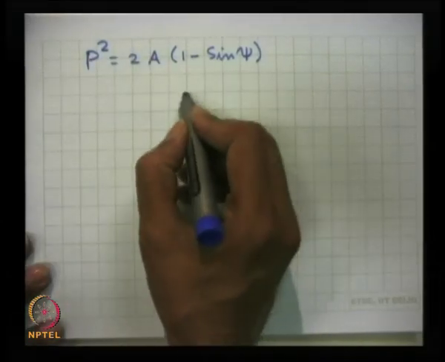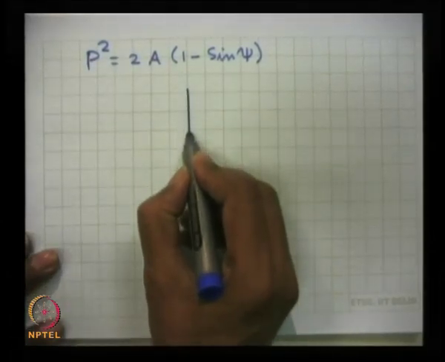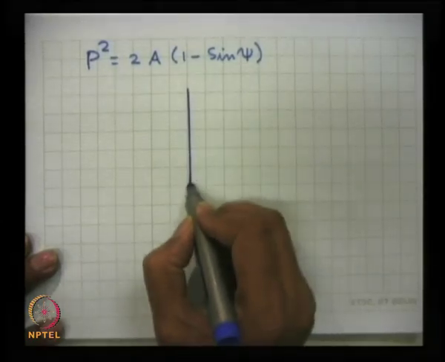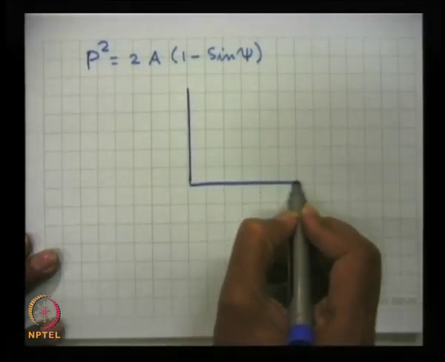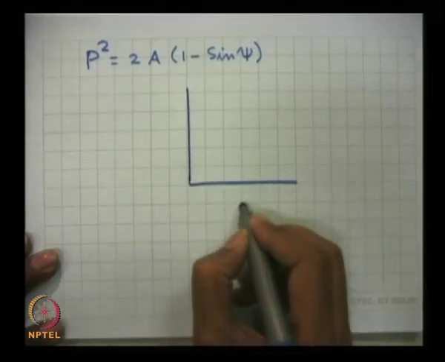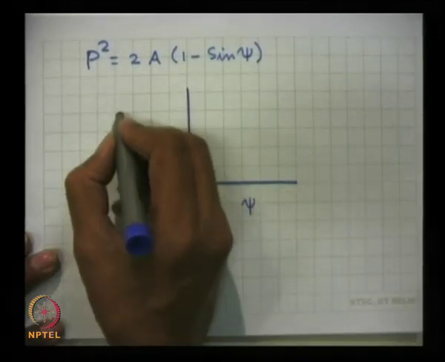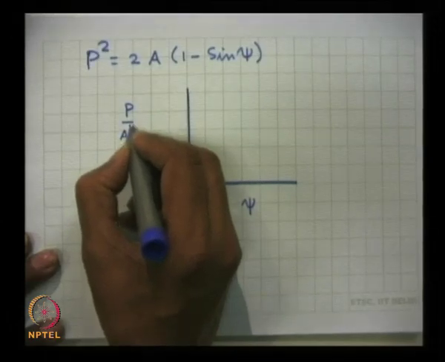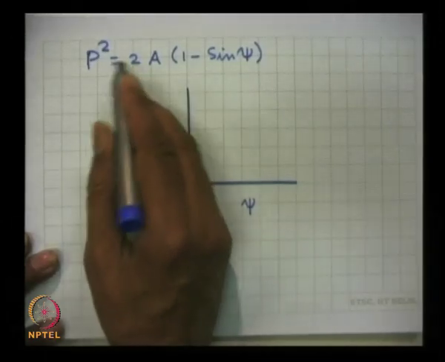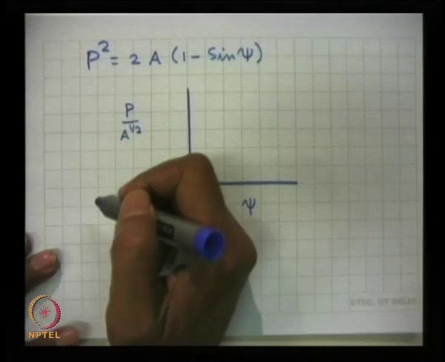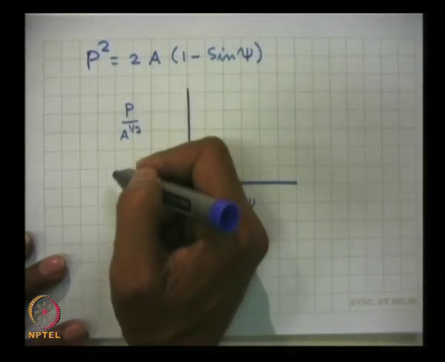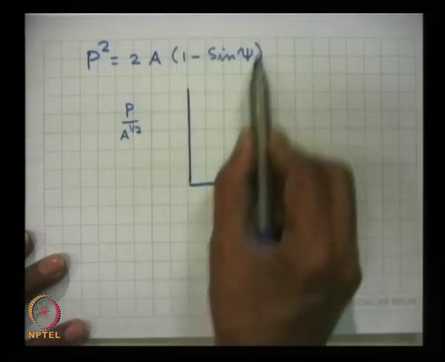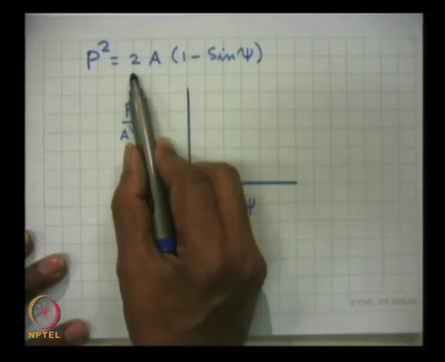And suppose I plot psi here and P upon A to the power half. Take the square root of this quantity, write plus minus sign there. So, the maximum value of this quantity would be 2, since 2 into 2 is 4.